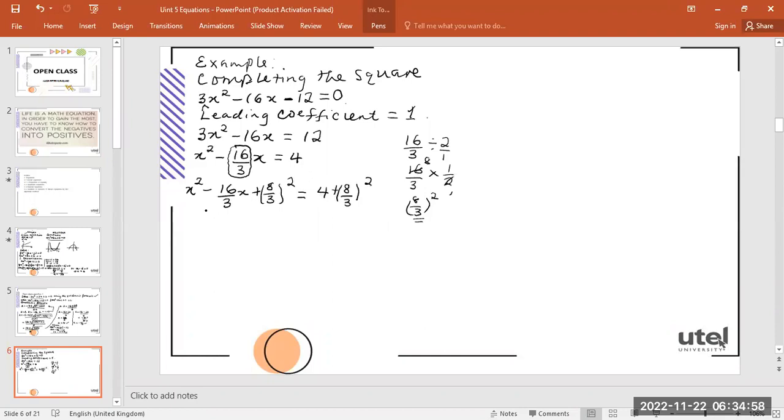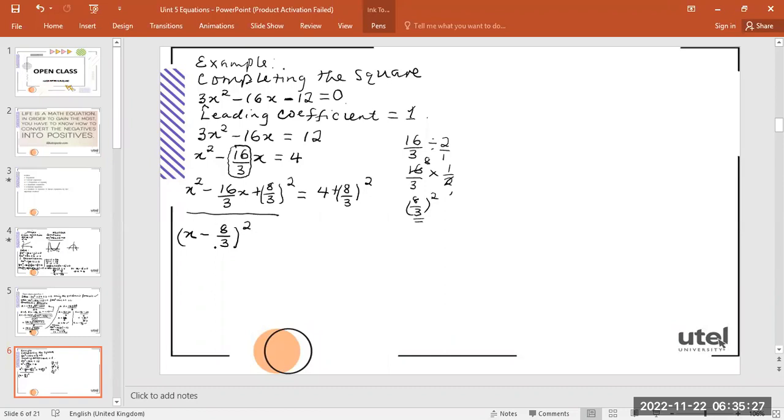Now, if you check the left-hand side of this expression, this left-hand side of the expression is a perfect square. And what I mean by perfect square is that this expression could be represented by x minus 8 divided by 3 squared. And I will leave that as homework for you.